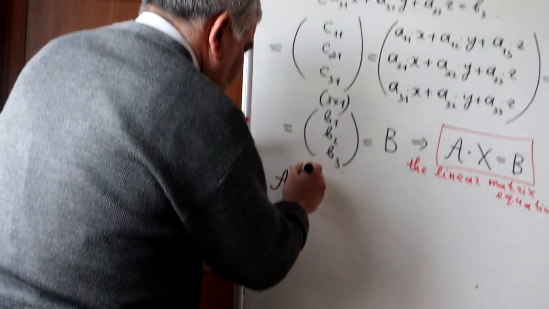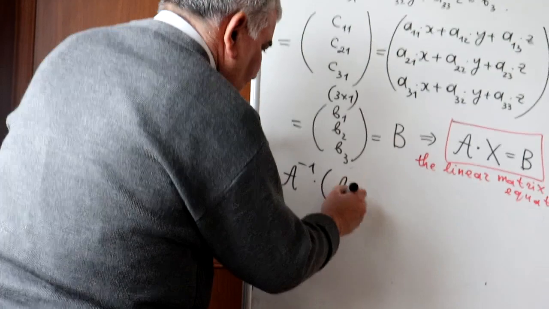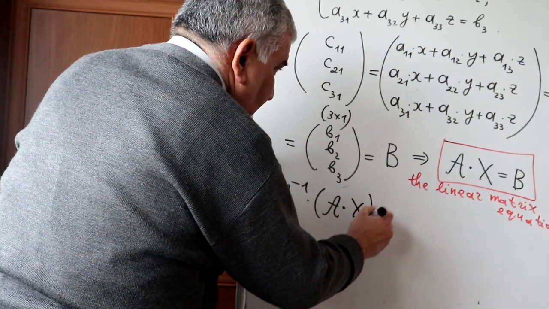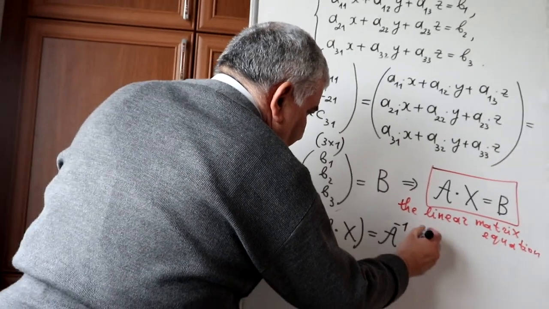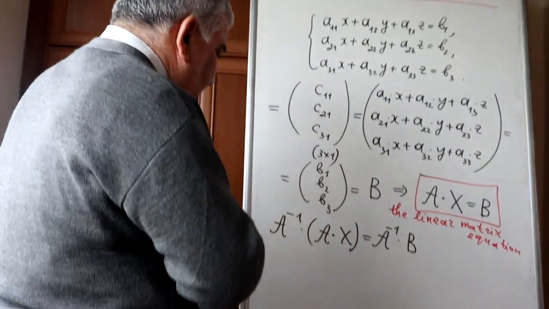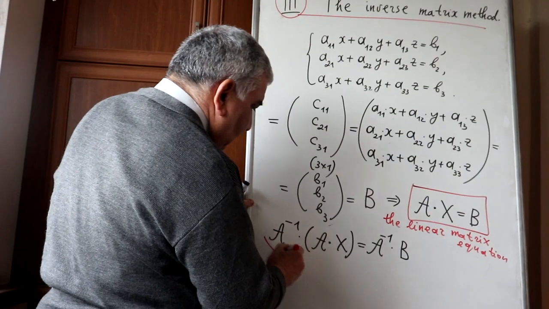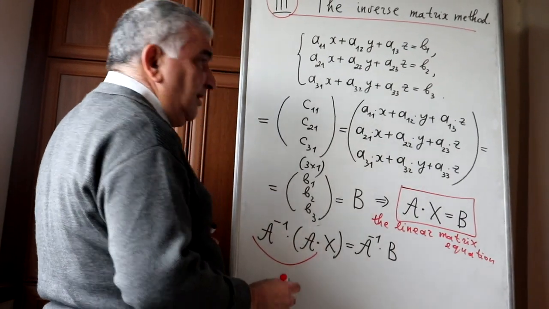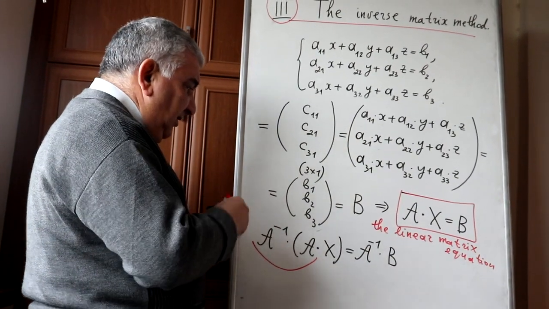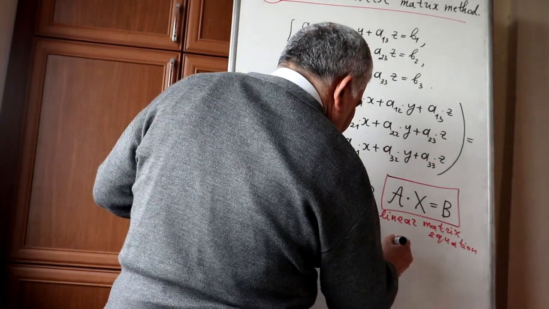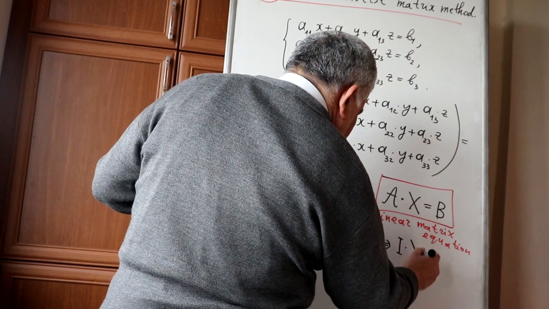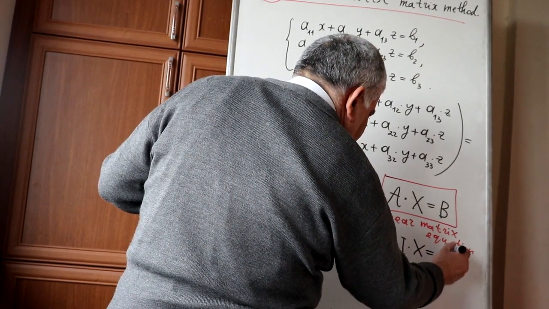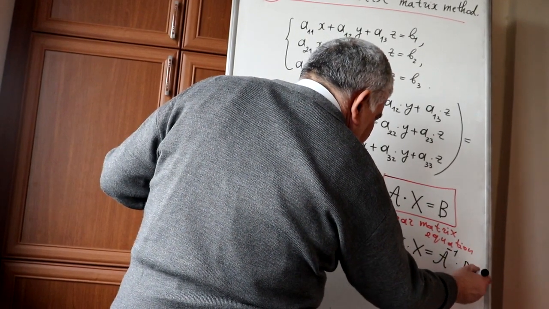A super minus 1 multiplied by A multiplied by X equals A super minus 1 multiplied by B. You know that A super minus 1 multiplied by A capital is a unit matrix I capital, multiplied by X is A super minus 1 multiplied by B capital.